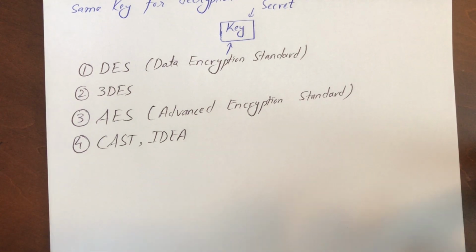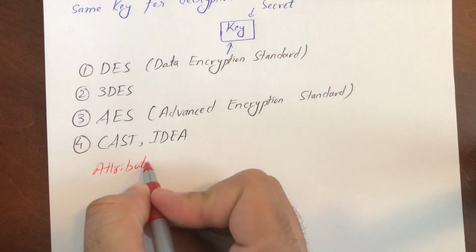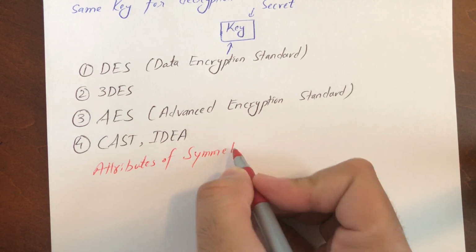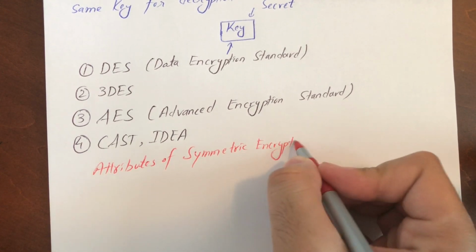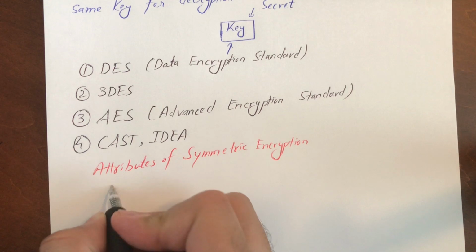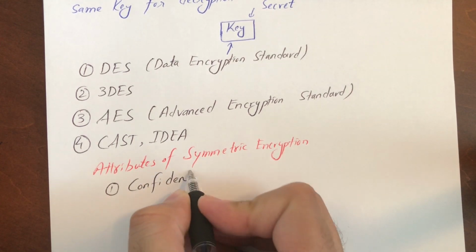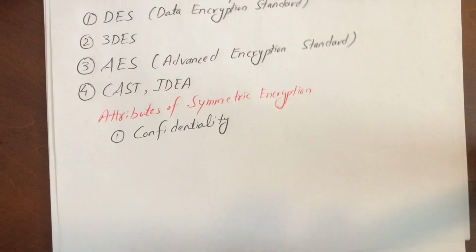Some attributes of symmetric encryption: we can only get three main things with symmetric encryption. Number one, we can ensure confidentiality.